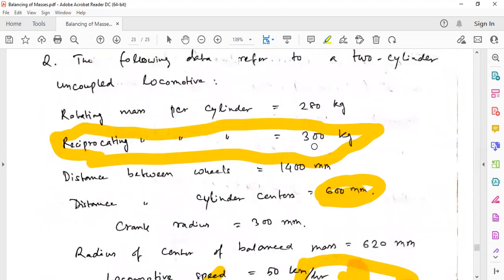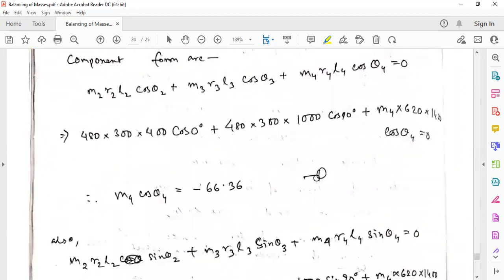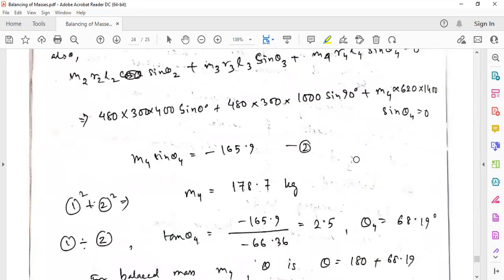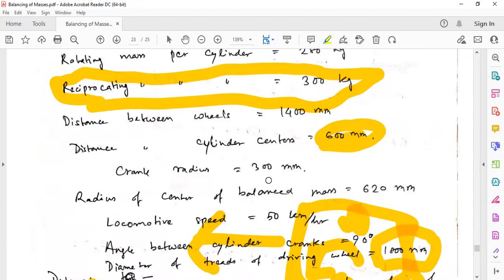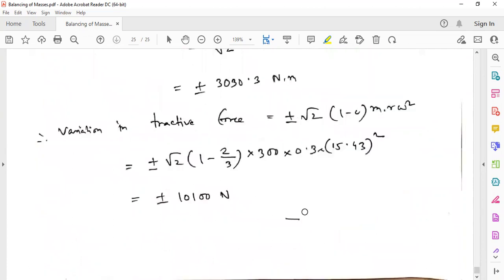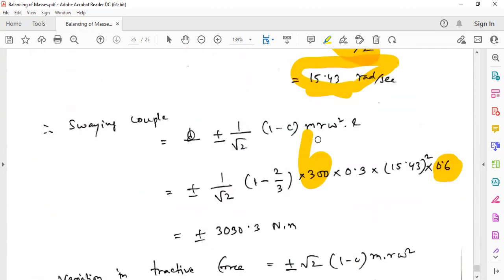Reciprocating mass per cylinder is 300, so I have to take that 300 here. The radius is 0.3, because this is the crank radius. That's why we have considered only the engine here. Swaying couple is caused by the engine. So the gap between the cylinders is 600, M is 300 kg, radius is 300 mm, L is 600, and omega we have just found.